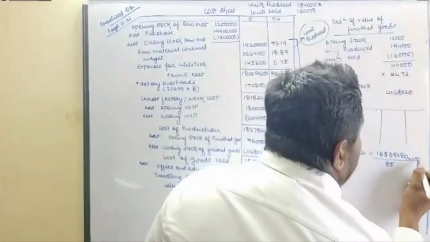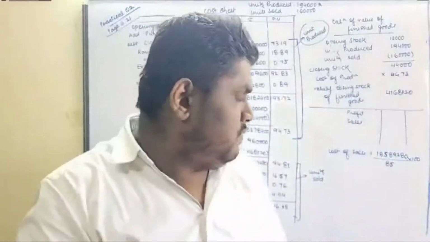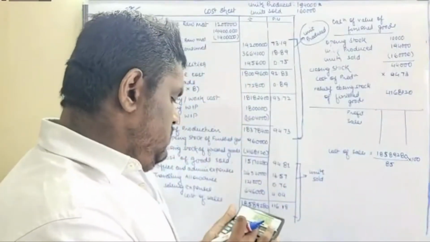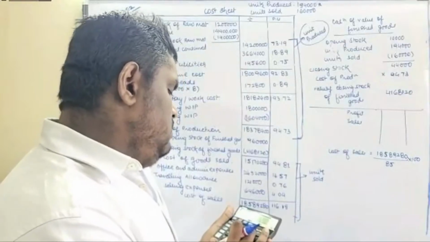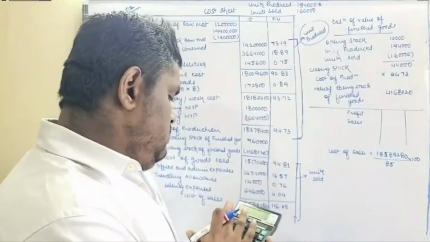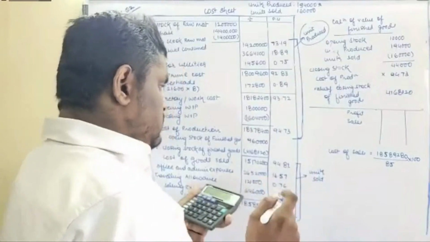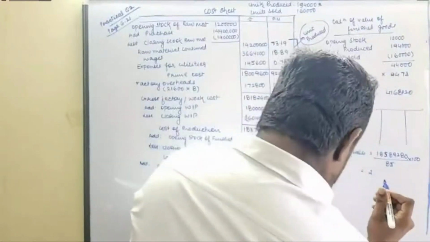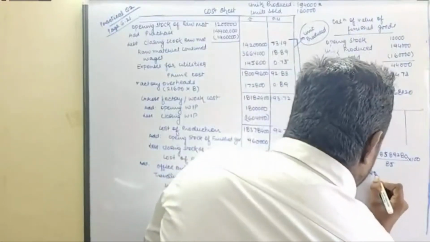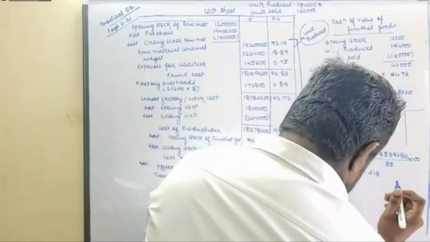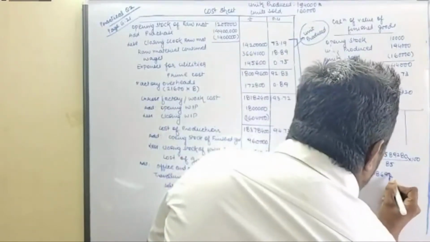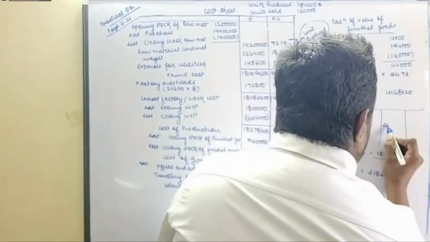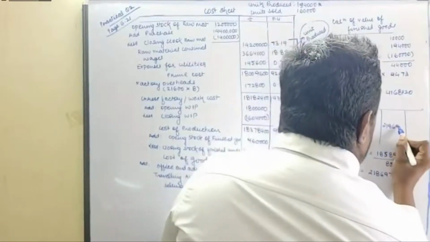So how much will be 100? So the sales will be 2 crore 18 lakh 16.